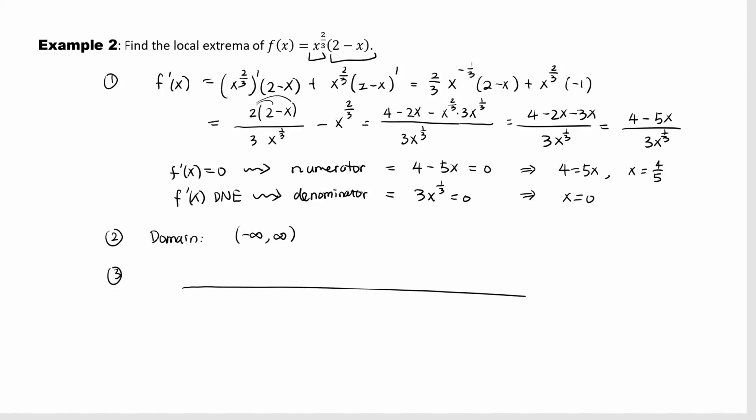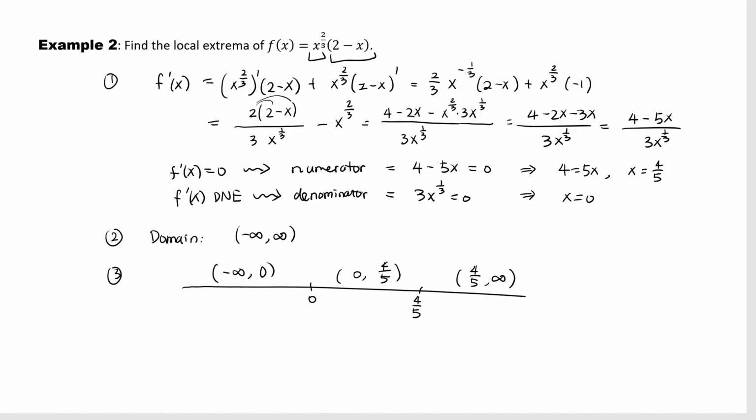Because the domain is all real numbers, you draw the real number line. But if the domain is not all real numbers, then you draw whatever your domain is. Okay, what other points? 0 and 4/5. That separates the real number line into 3 subintervals.